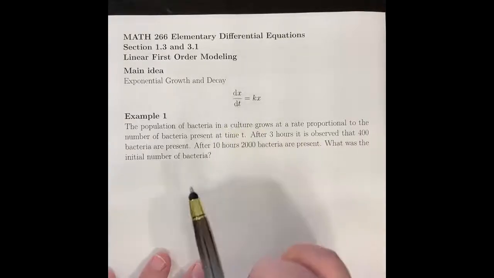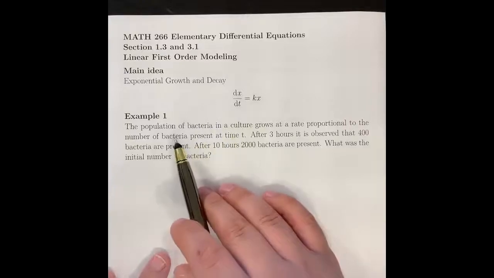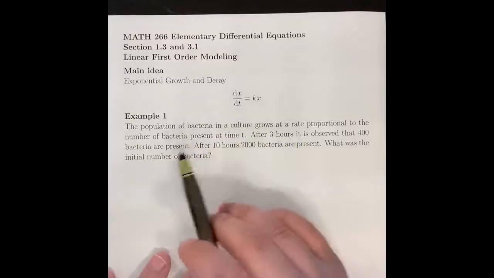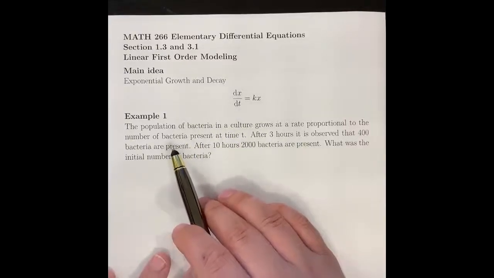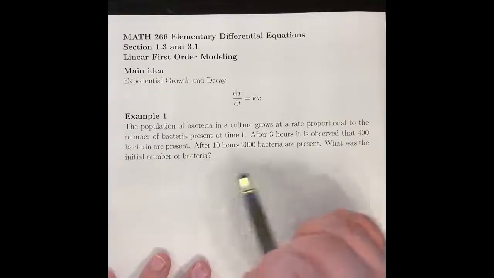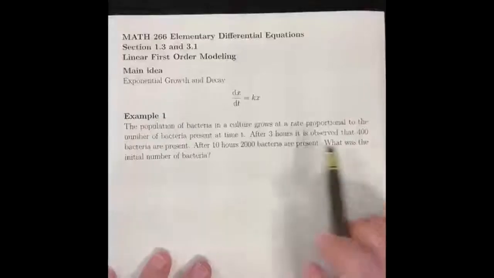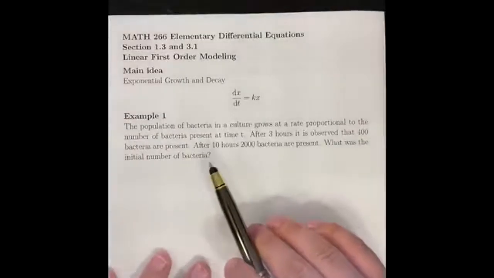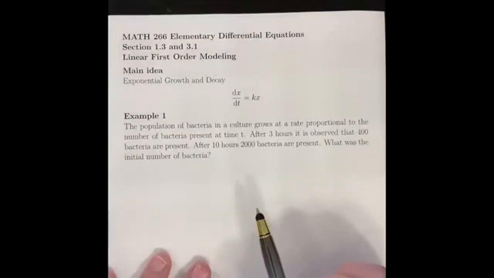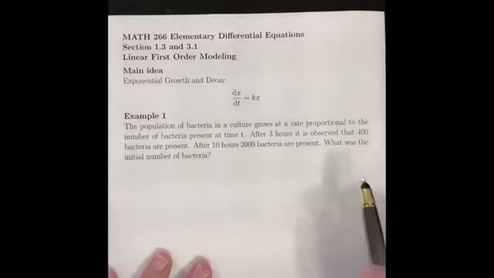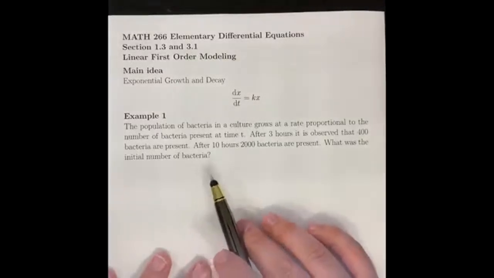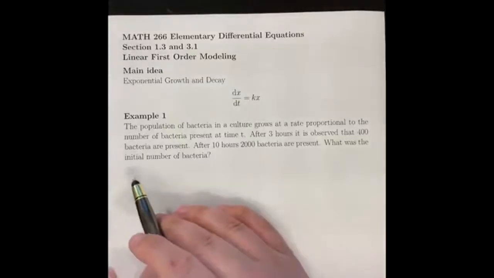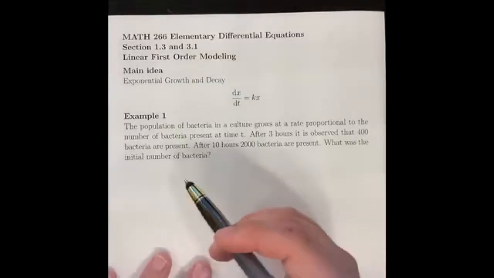The change in that bacteria over time is proportional to that value itself, the number of bacteria itself. Okay, and we're given some data. So it says after 3 hours, we have 400 bacteria. After 10 hours, 2,000 bacteria. And then the question is, what was the initial number of bacteria? So when we mean initial, we mean at 0 hours.